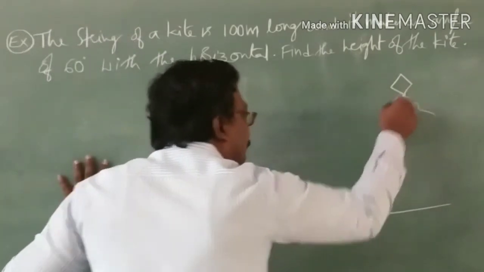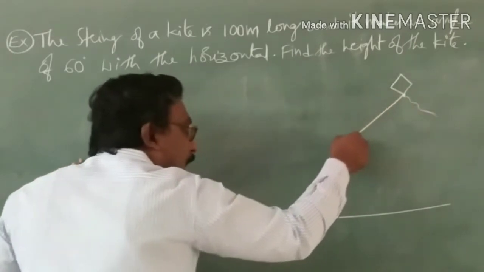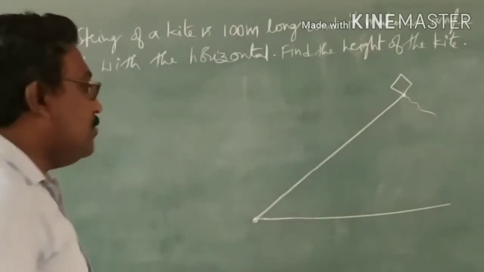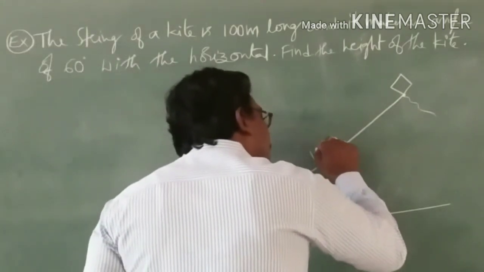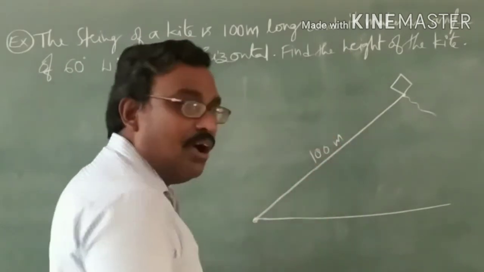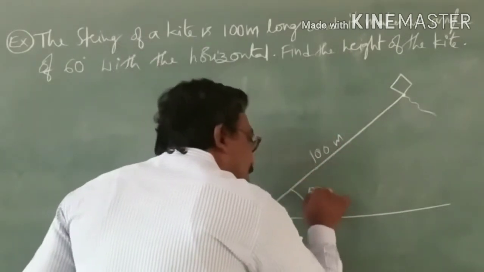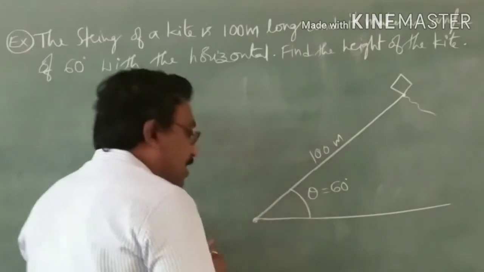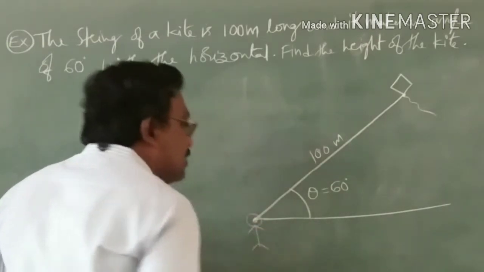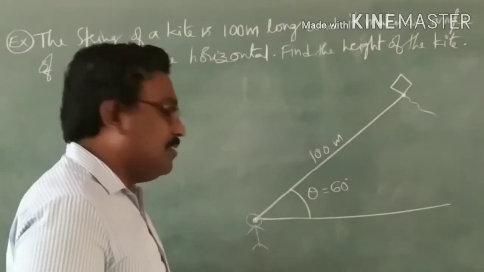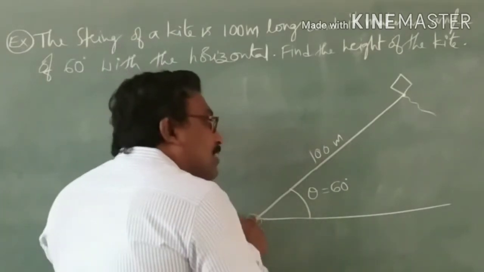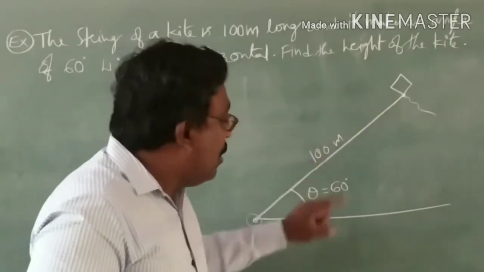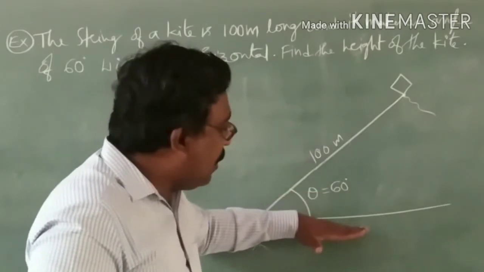Usually, you fly a kite with the help of a rope, and the kite will go like this. The length of this string is 100 meters, making an angle of 60 degrees with the horizon. Imagine that you are standing here, flying a kite. The length of the thread you used is 100 meters, and it makes 60 degrees with the horizontal.